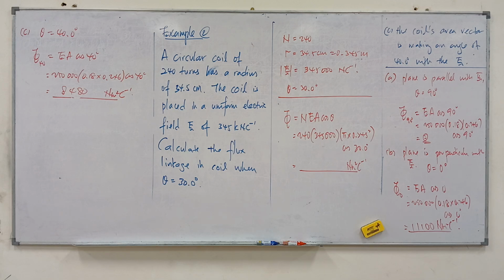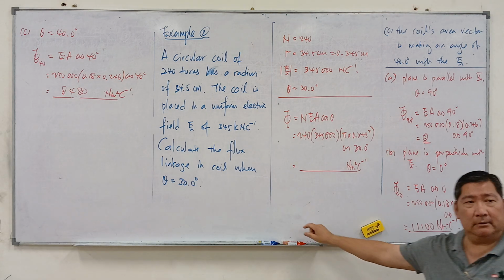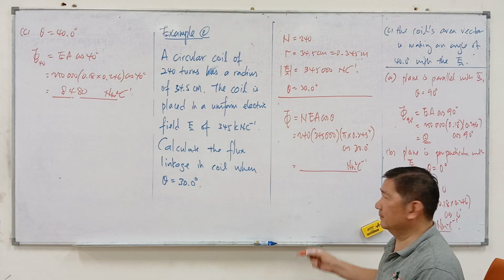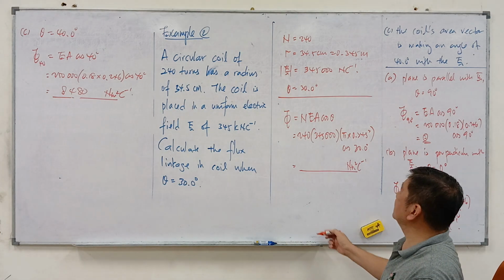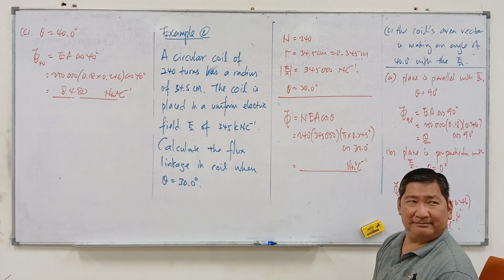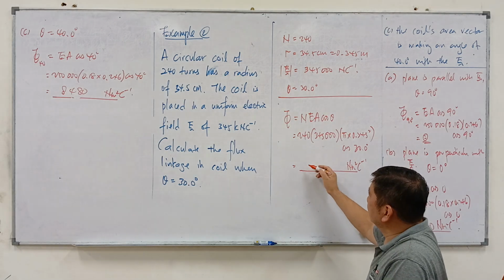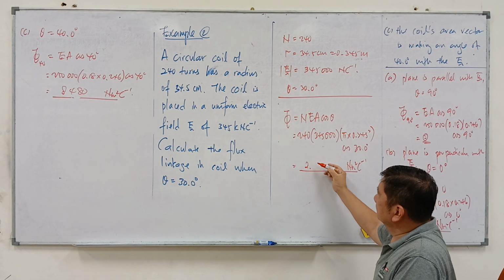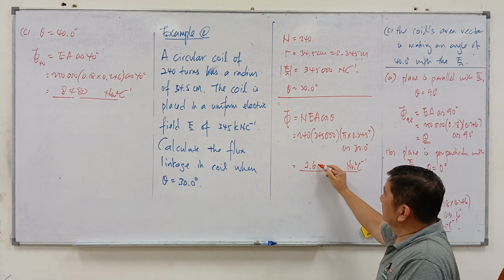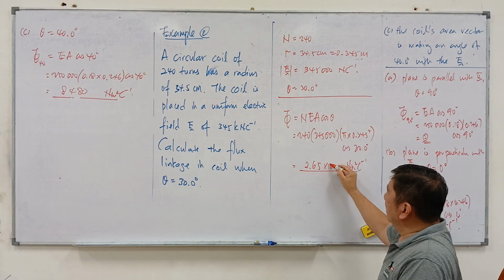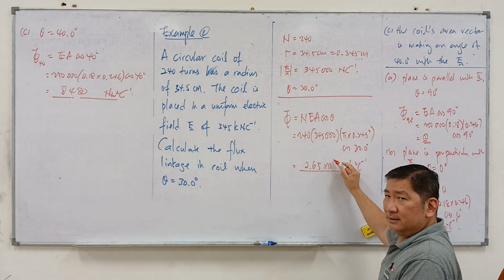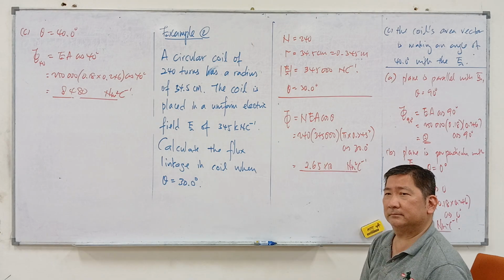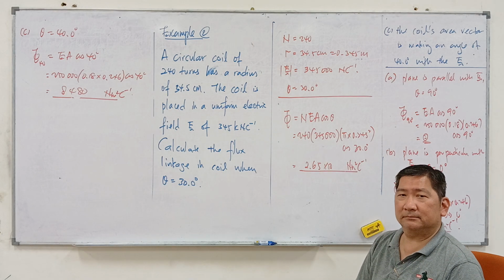Just your turn game. Calculator ready? The answer is very big, because everything is big. Give me in standard form. 2.68 times 10 to the power 6, 7. Okay, what is your value?